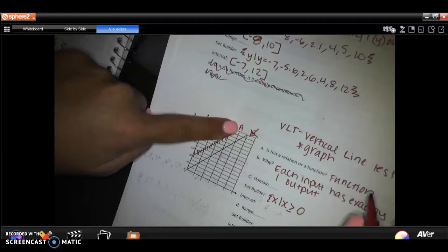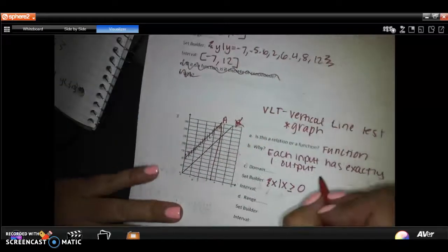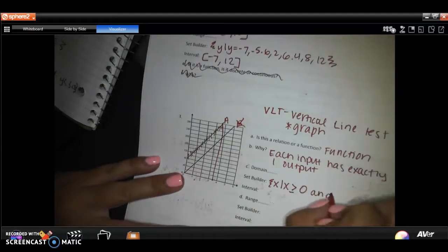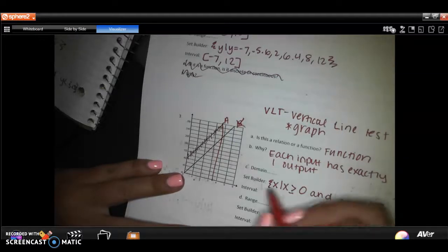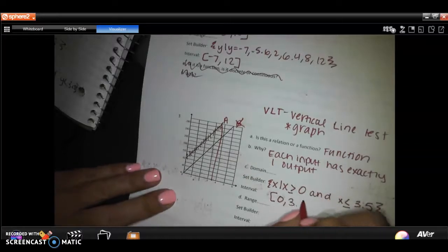Nope, 3.5. Let's see. Draw a straight line. 3.5. So X has to be greater than or equal to 0, and X has to be less than or equal to 3.5. Squiggle. Interval, the smallest X can be is 0. The largest it can be is 3.5.